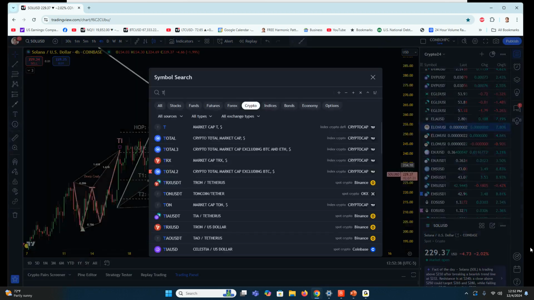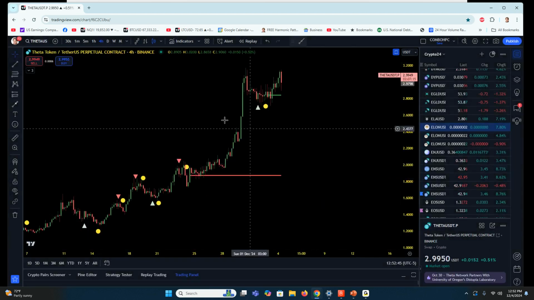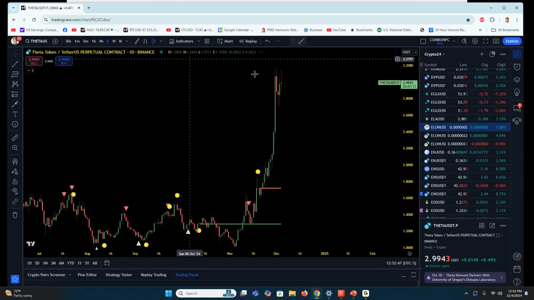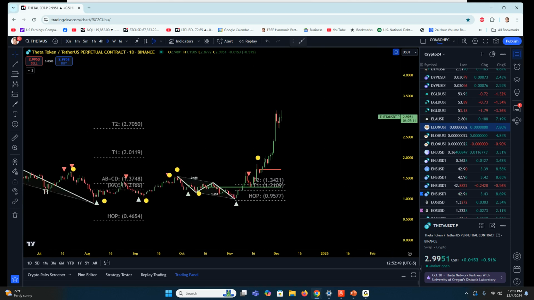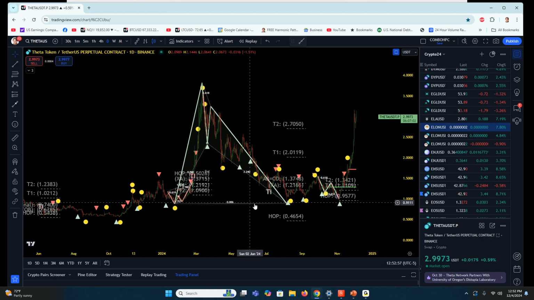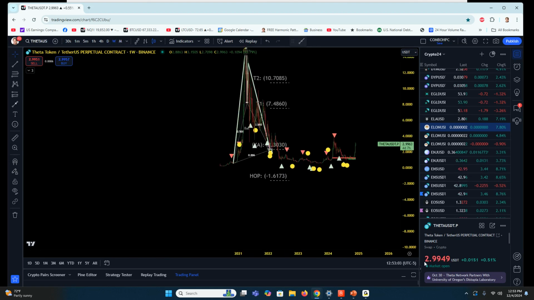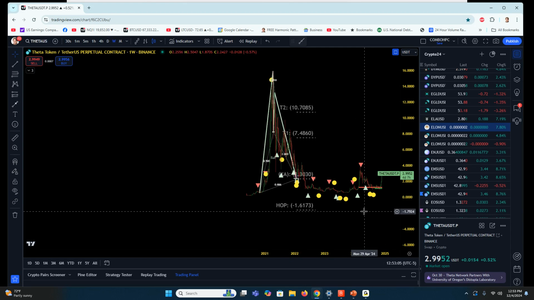Couple more. Theta. Things you're probably not looking at. Here's Theta token. What's up here? Theta is nothing but, is that what I was looking for? Maybe it's a back-to-back situation, but let me see here. Oh, Theta, I know why. Okay, multiple patterns.